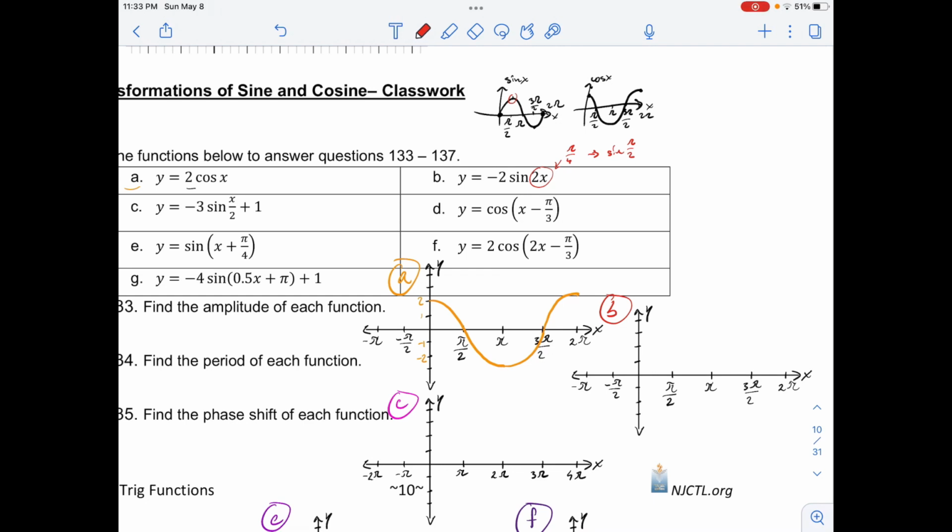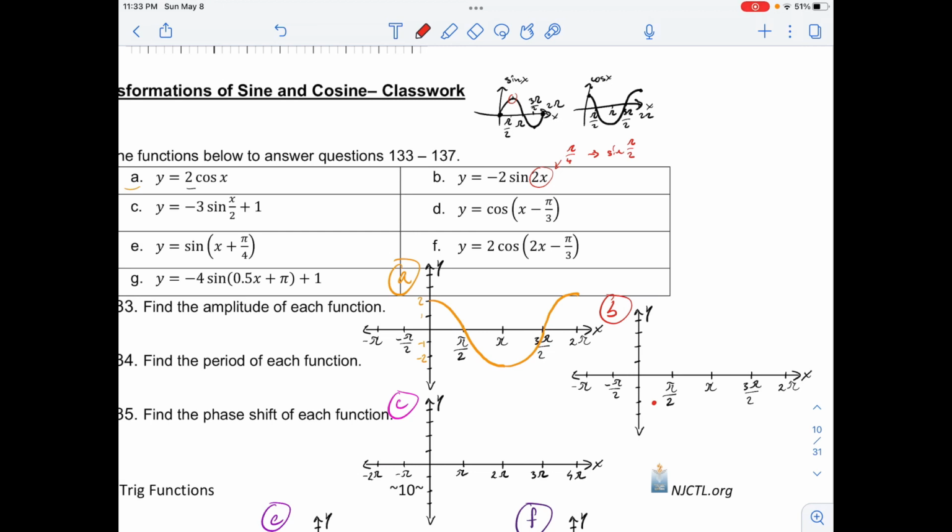So if we were to give this a value, that'd be pi over 4, comma, then it's a negative 2. So actually, we plot it in the negative direction. So that would be pi over 4, comma, negative 2.